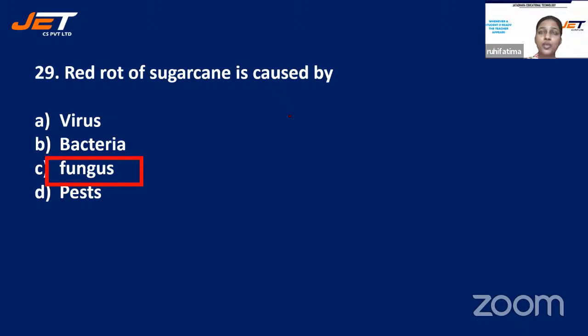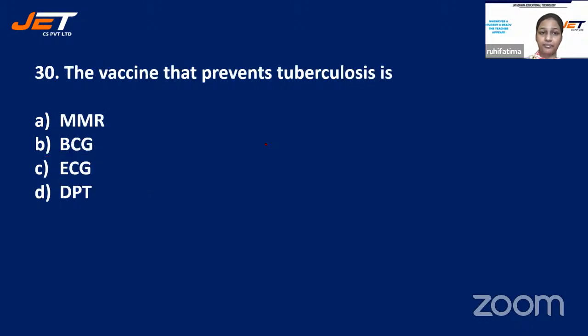When you eat sugarcane, there is basically something reddish in the middle of the stem. From there, you may sometimes see the outer layer of the sugarcane tearing out. It becomes completely red, and that is a fungal disease. It is known as red rot. It is seen in sugarcane only.